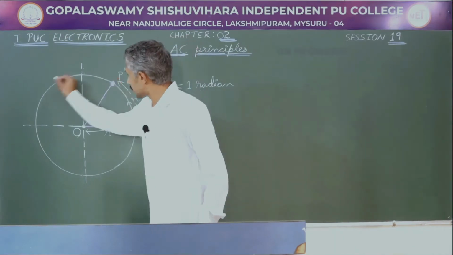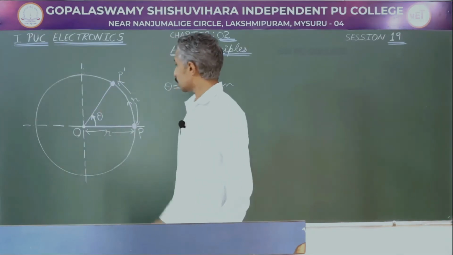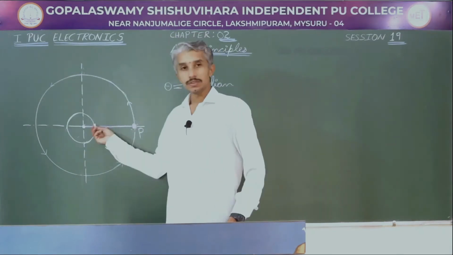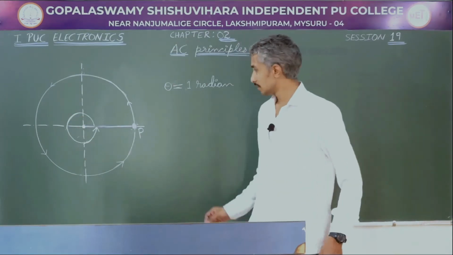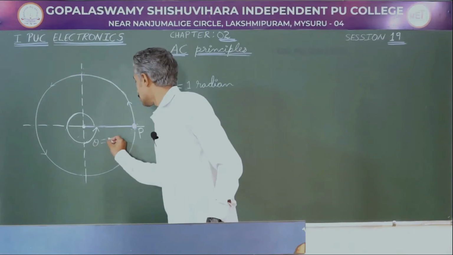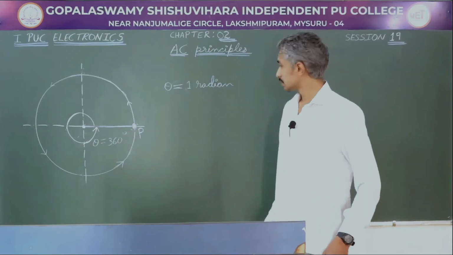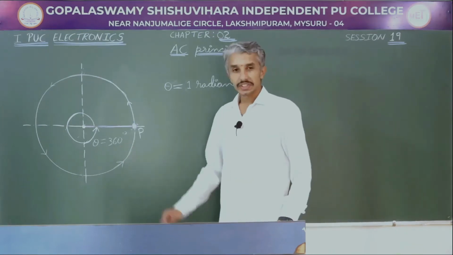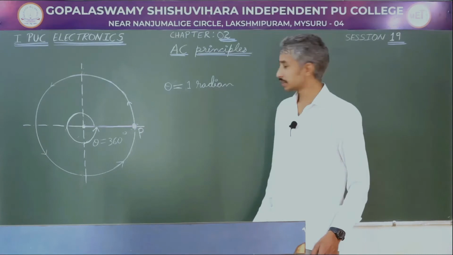If the object covers the entire circumference, then what is the angle covered? If the same object has travelled one complete circle, then you know the angle covered is going to be equal to 360 degree. This is in degrees. Now, if I have to tell in radians, how will I know it?